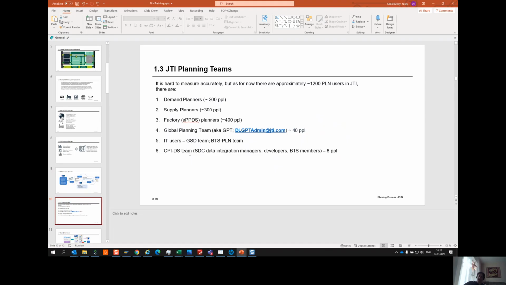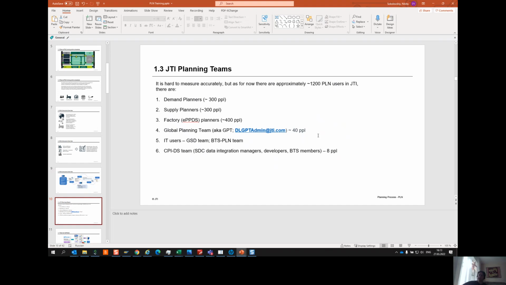CPI-DS, I will talk about it later. It is the middleware, a small module which is needed for data integration between SAP and IBP. The data is constantly synchronizing between SAP and IBP systems, and all of it goes through the CPI-DS module. There are just 8 people as for now.